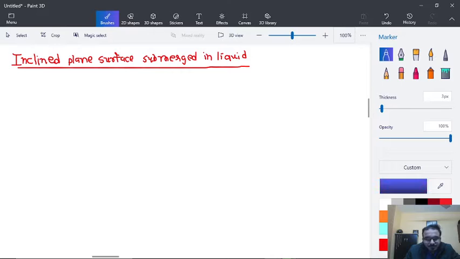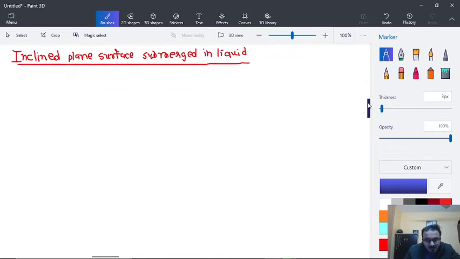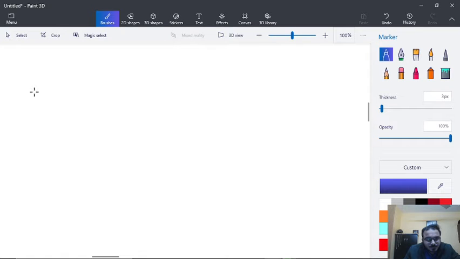So let's begin. First we will have a free liquid surface over here in this way. And there will be an inclined plane surface here.